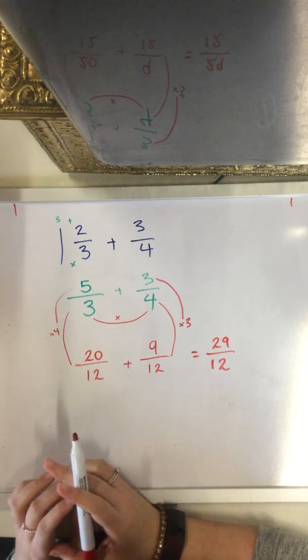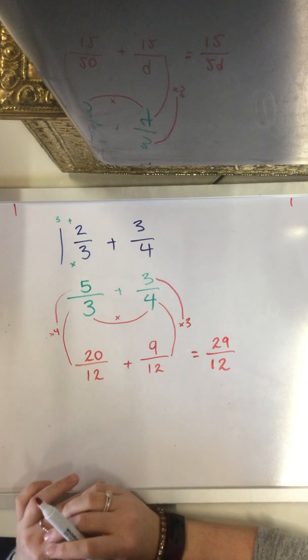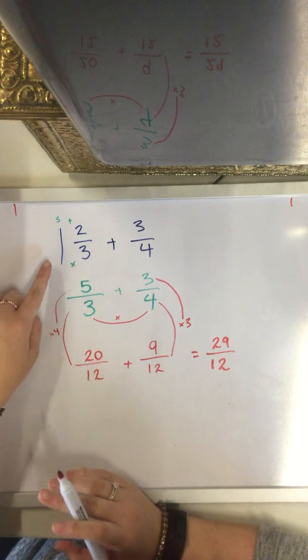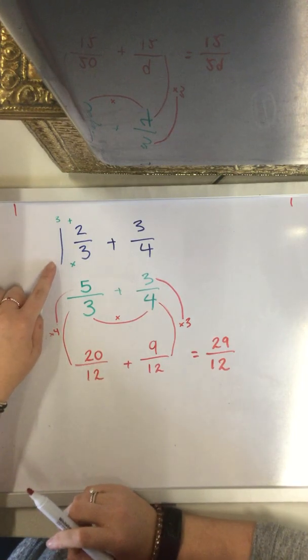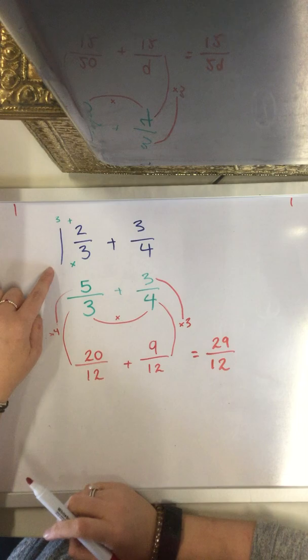But we have a little rule that we have to follow when we work out these fraction questions. You will notice over here, back at the question, that this is a mixed number. And if your question has a mixed number in it, your answer must also be in mixed number form.